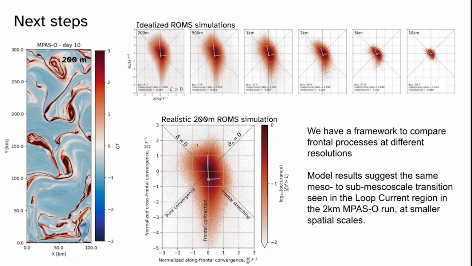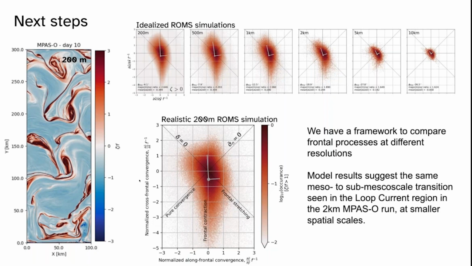This is a new way to analyze the flow at fronts using frontal coordinates and looking at the velocity gradients along the front and across the front. The x-axis is along the front. The y-axis is across the front.